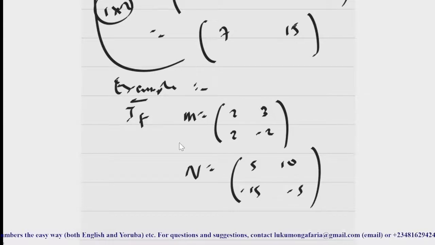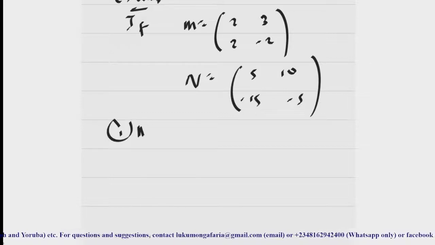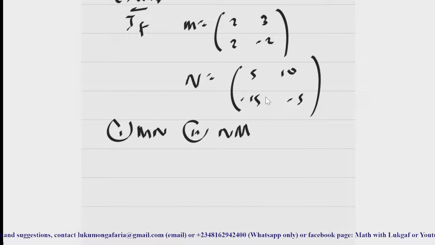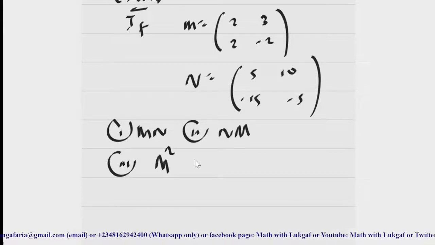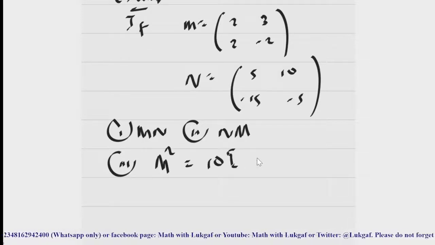Then the question asks us to find number 1, MN, number 2, NM, number 3, and then show that M squared is 10I. This is not difficult to do.